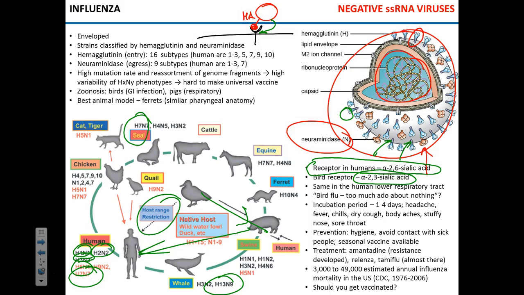So hypothetical flu coming out of the rear end of the bird cannot cause, now listen carefully, upper respiratory tract disease in humans because the receptors don't match. Does that make sense? So it has to go through pigs, acquire some mutations to be able to infect humans, and interact with alpha-2,6-sialic acid. So far, does that make sense?